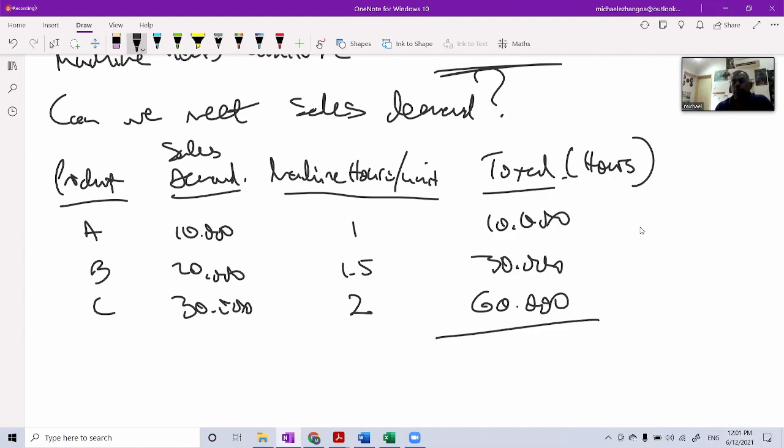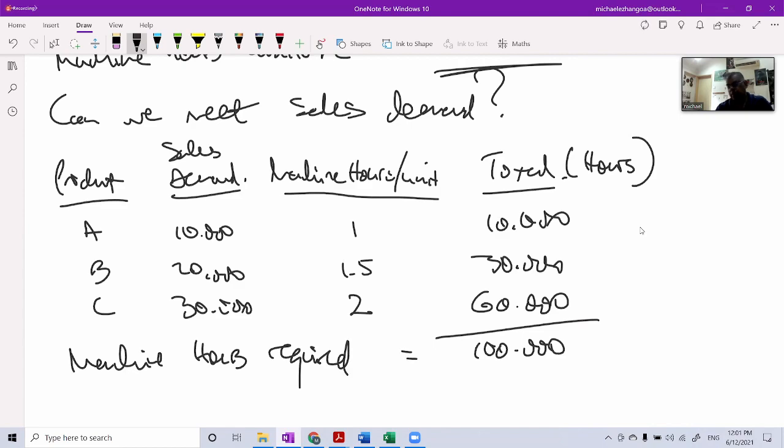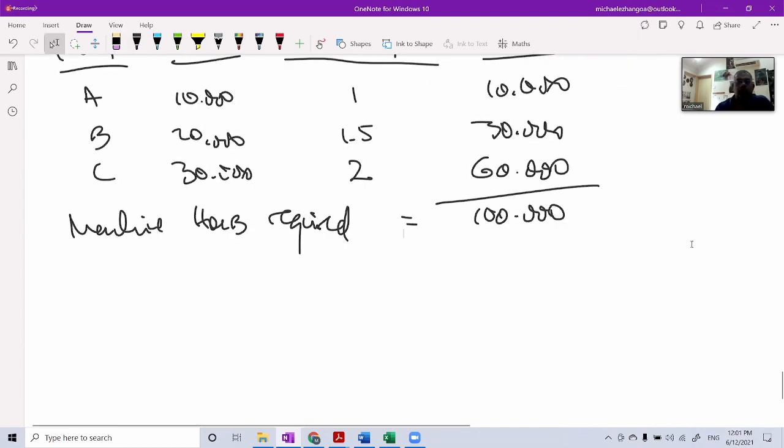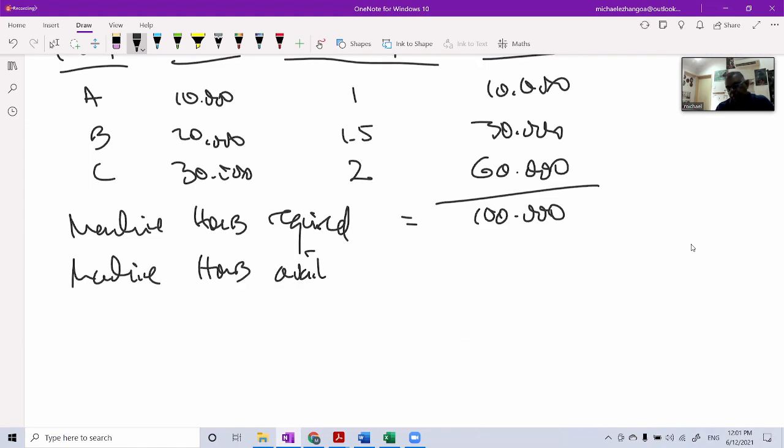So in total, we need machine hours required of 100,000 hours, but machine hours available is only 75,000.